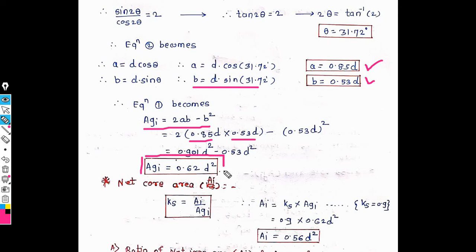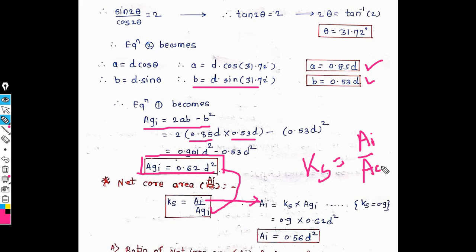Now calculate AI, that is the net core area. First AGI is calculated, now again calculate the value of AI. The stacking factor is the ratio of net core area upon gross iron core area. That means stacking factor KS is equal to AI upon AGI.